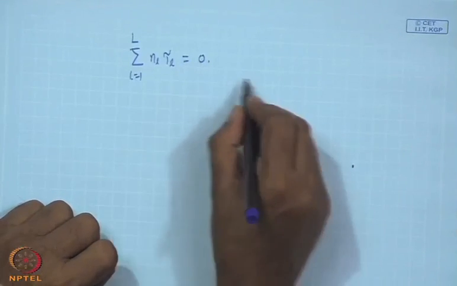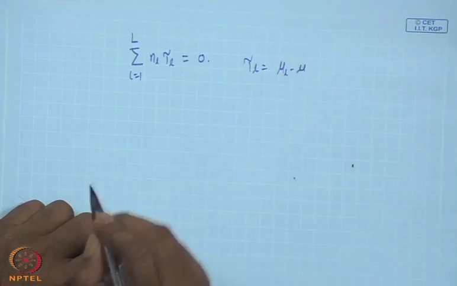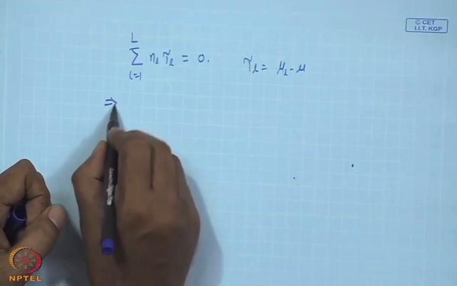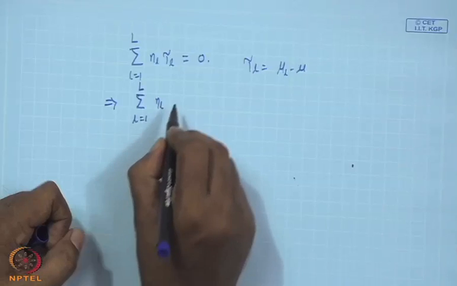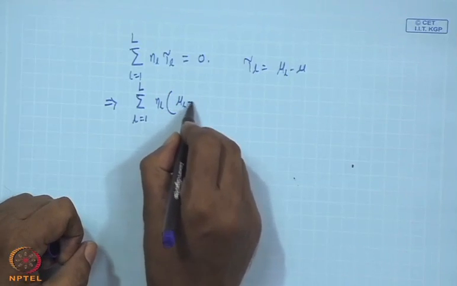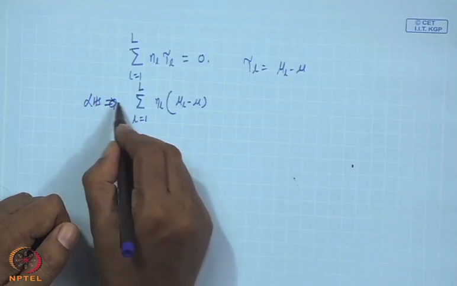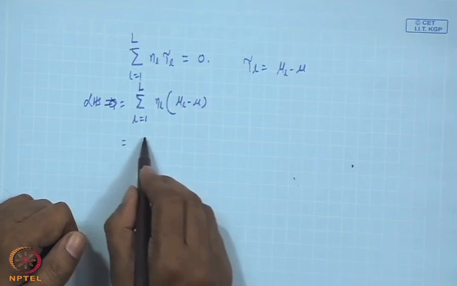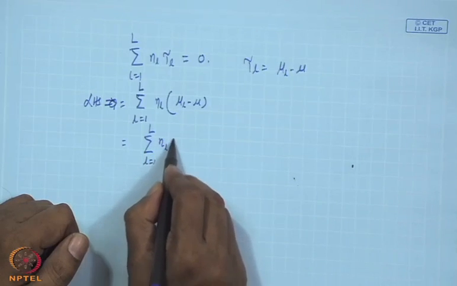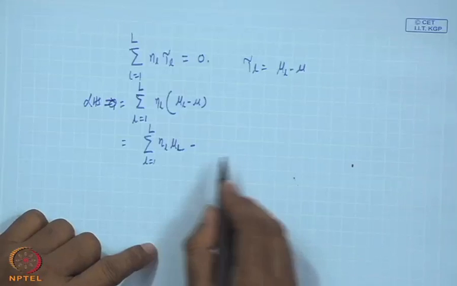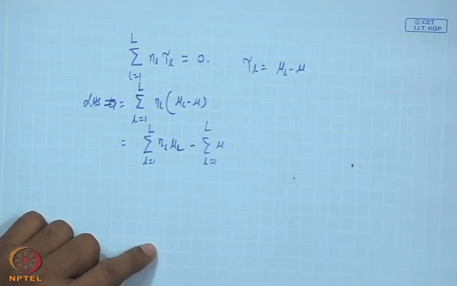You see what is tau L? Tau L is mu L minus mu. So, if you write down here the sum total of L equal to 1 to capital L, N L into mu L minus mu, the left hand side, what will you get here? This one, L equal to 1 to capital L N L mu L, minus the sum of N L into mu.